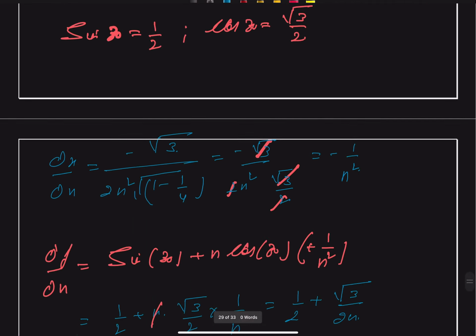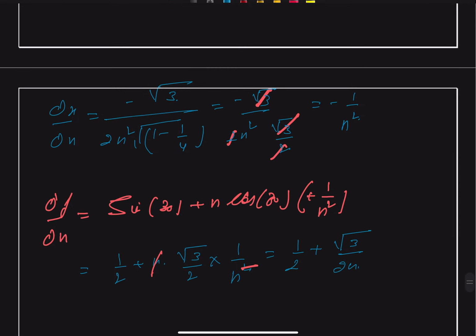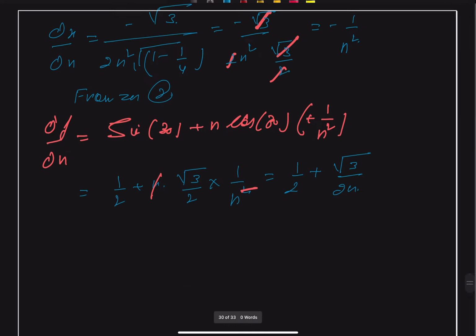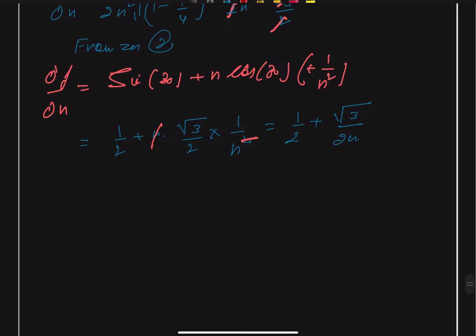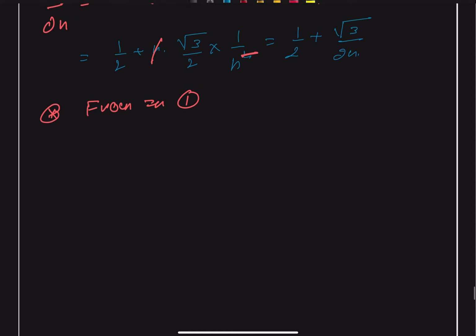Here we use equation 2, and now we are going to use equation 1, our ultimate aim being to find d theta by dn. So d theta by dn is equal to 1 upon the square root of 1 minus the function of n squared, divided by df/dn. We simply plug in the values.